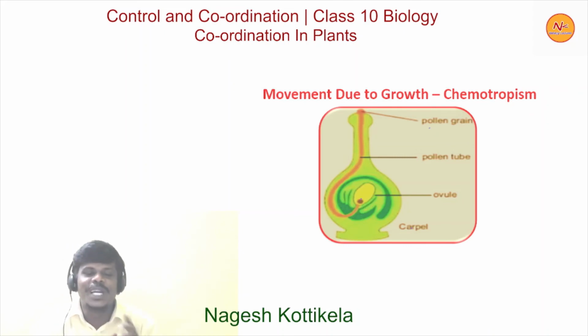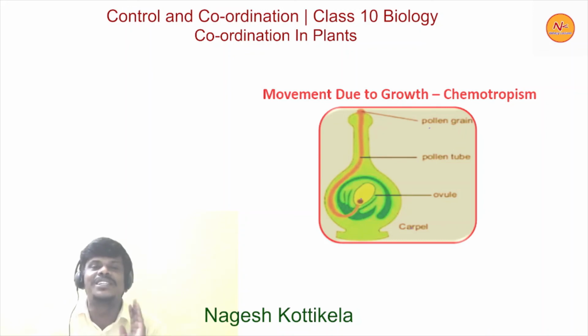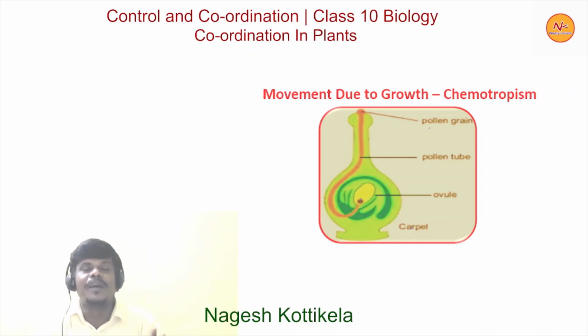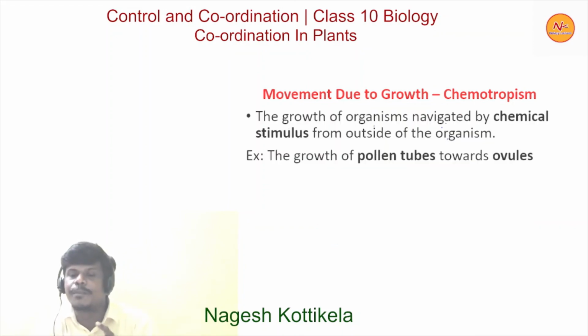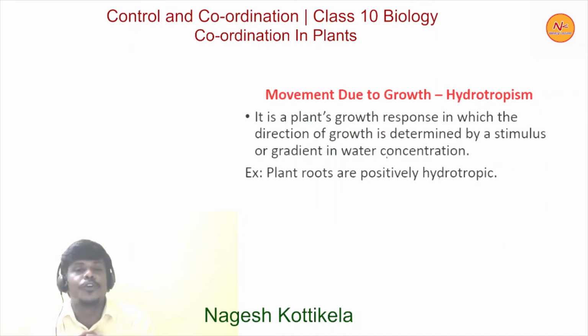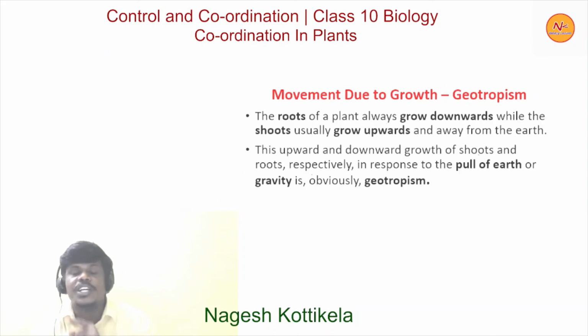Till now, we discussed several examples of plant movements due to growth, and chemotropism is one example in that. Then we discussed hydrotropism. This is also a directional movement and it is a growth related movement. Then we discussed geotropism. It is also a growth related movement and directional movement.